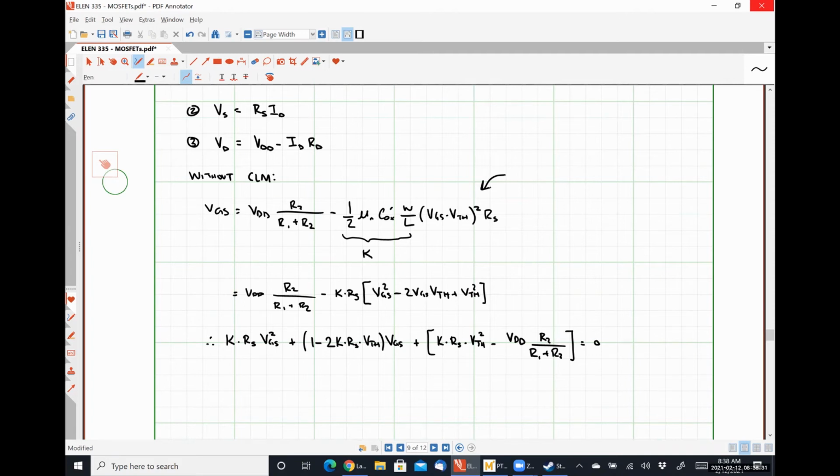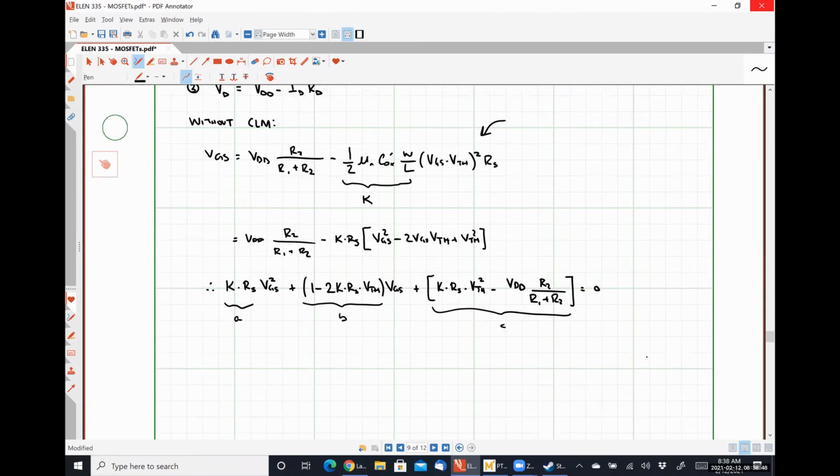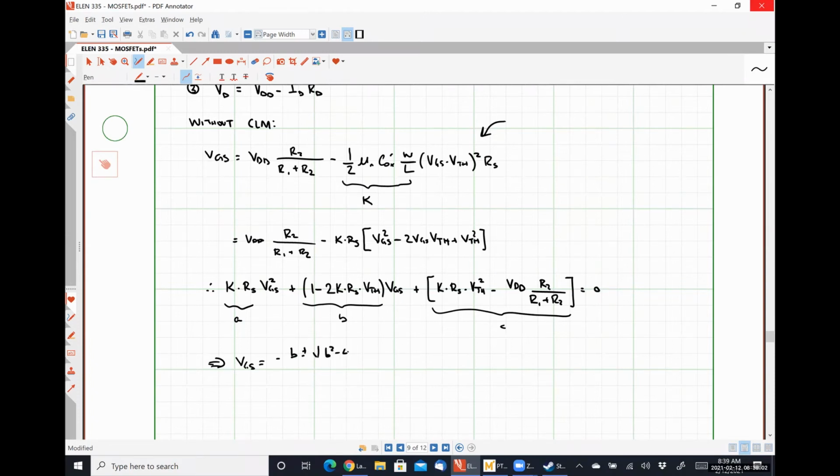So using our good old quadratic equation, K times RS is our quantity A, this whole guy right here, 1 minus 2K RS VTH is B, and then this whole guy right here is C. And so from this, VGS will be negative B plus or minus the square root of B squared minus 4AC, all over 2A, right? Two different solutions.